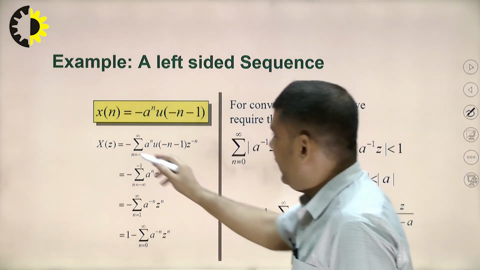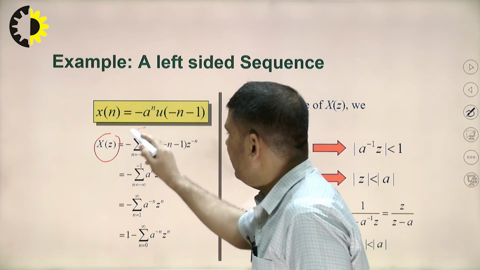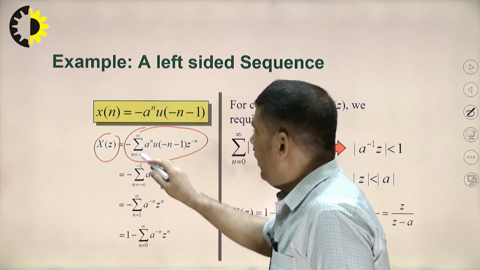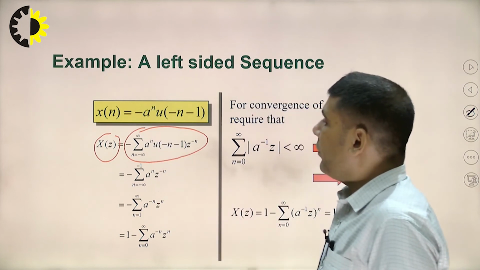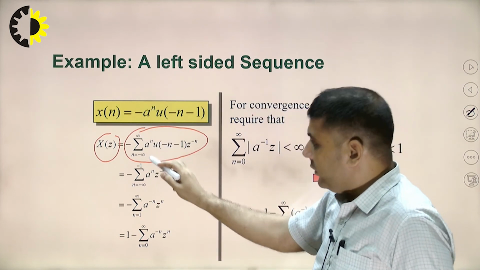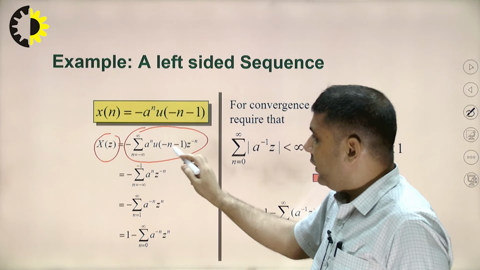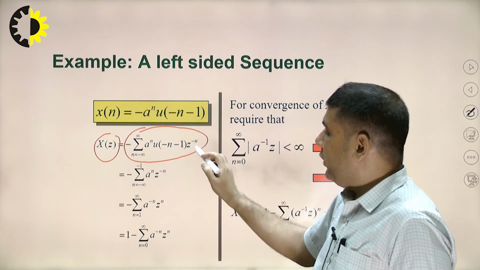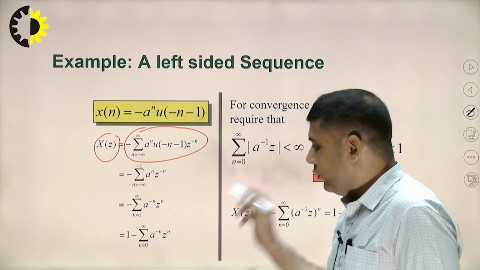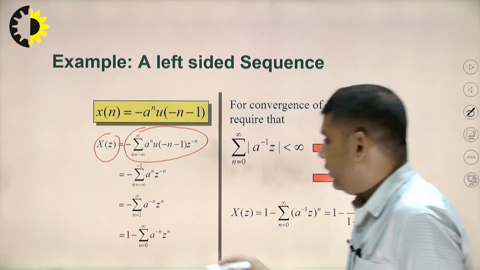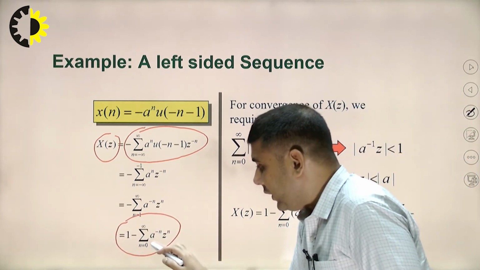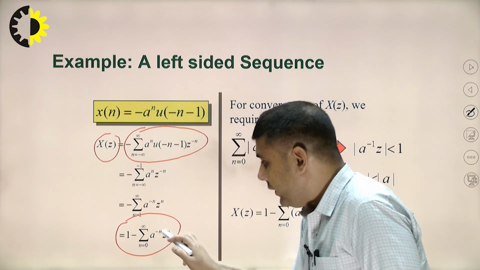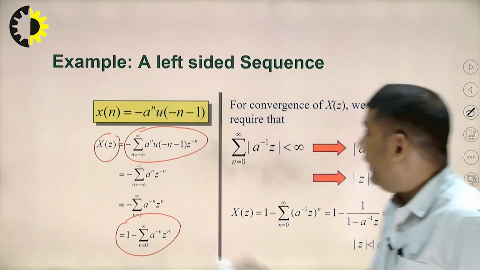If we solve it, X(z) is equal to the summation from n equals minus infinity to infinity of minus a^n u[-n-1] z^(-n). Solving it out, it comes out to be 1 minus the summation from n equals 0 to infinity of a^(-n) z^n.